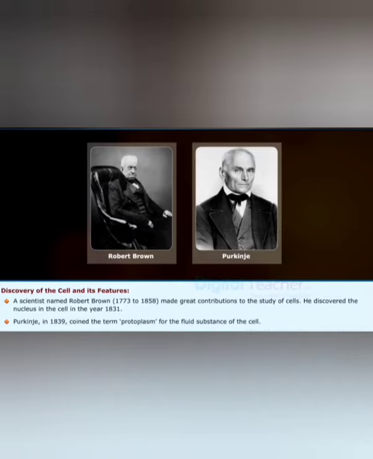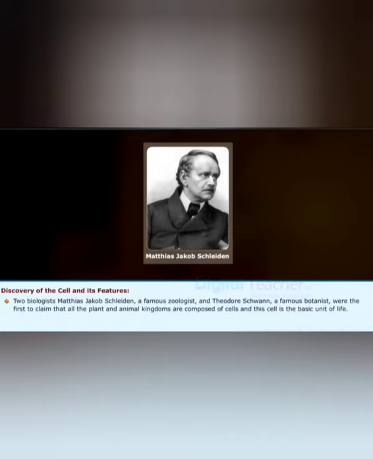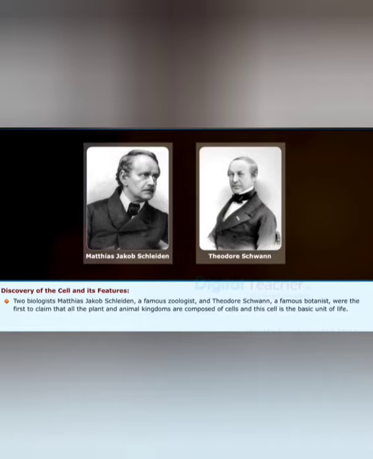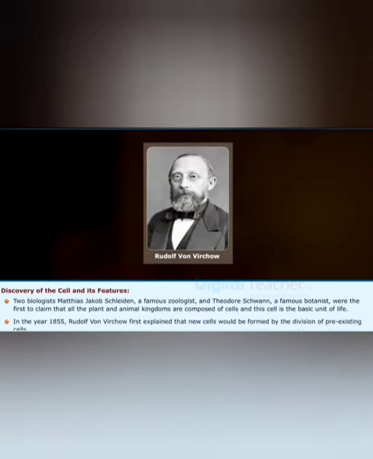Two biologists, Matthias Jakob Schleiden, a famous zoologist, and Theodor Schwann, a famous botanist, were the first to claim that all the plants and animals kingdom are composed of cells, and this cell is the basic unit of life.